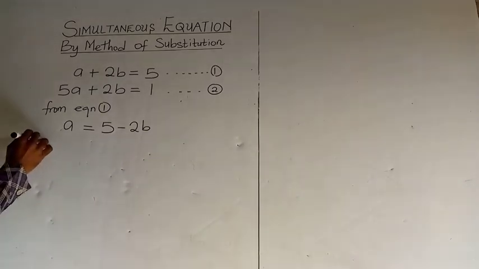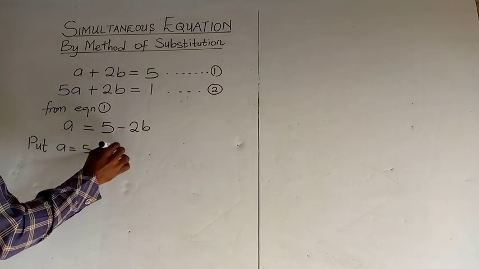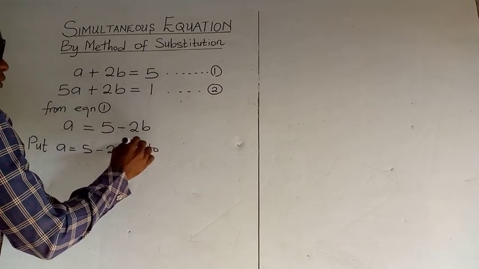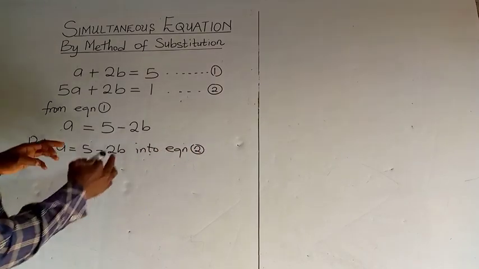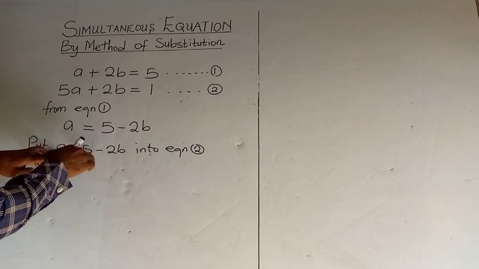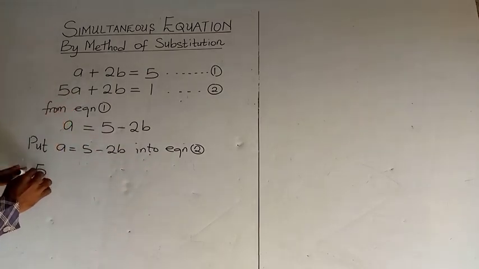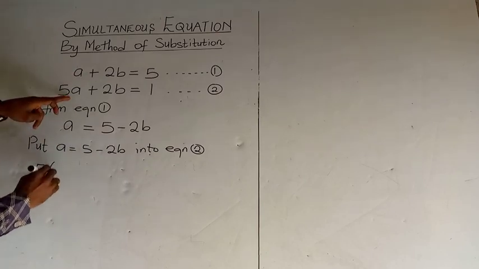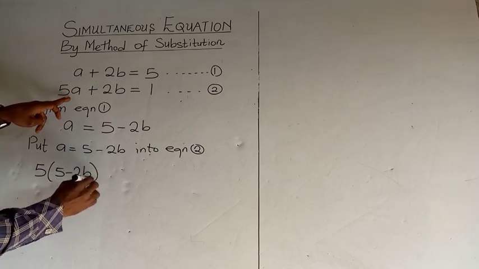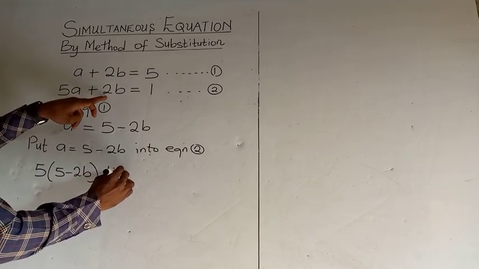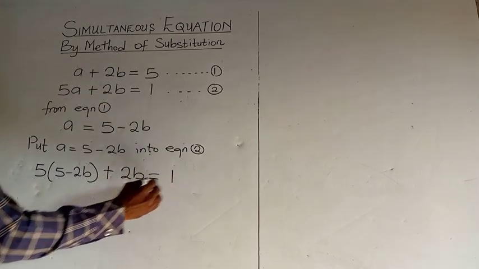So we put a equal to 5 minus 2b into equation 2. It means wherever we see a, we put 5 minus 2b. So from equation 2, we have 5, this is a, we put 5 minus 2b plus 2b equal to 1.